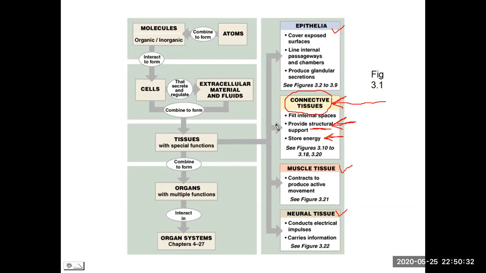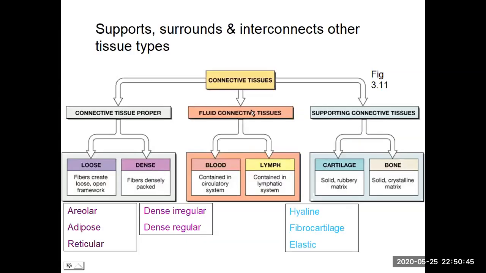And truly, connective tissue is this: if the cells don't fit into the other three categories, then they're simply lumped into this category called connective tissue. If we take a look at the diagram here, you see that there's a very broad diversity among connective tissues. So there are these three subdivisions, and we'll see the details of each of these.